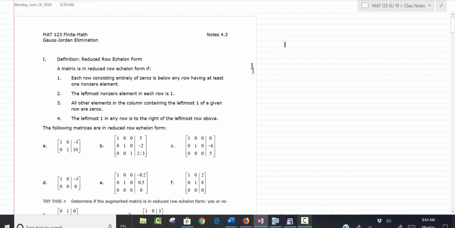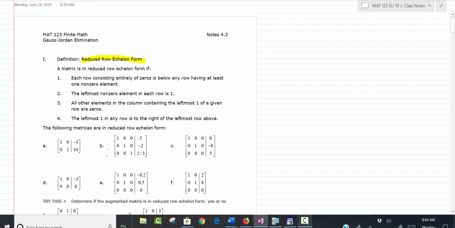Okay, so to begin with, you need to know what is meant by reduced row echelon form. We've talked about what matrices are, and reduced echelon form has a certain look to it. First of all, each row consisting entirely of zeros is below any row having at least one non-zero element.